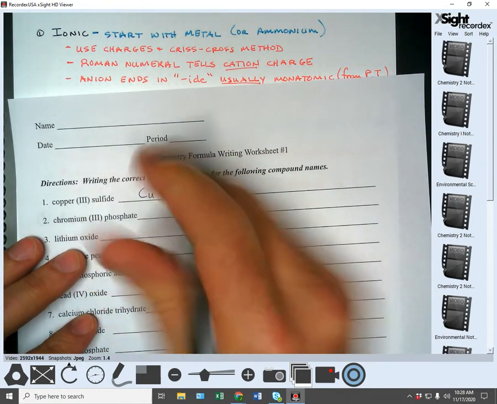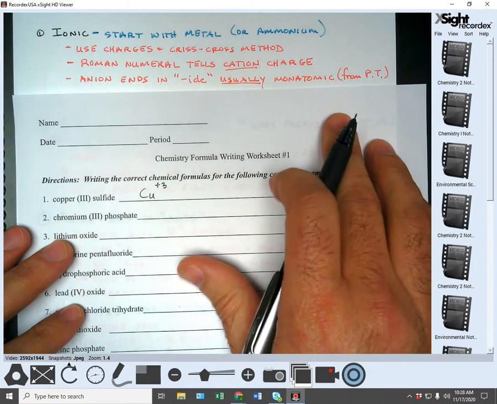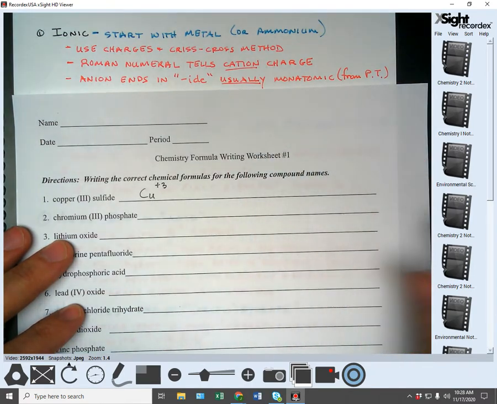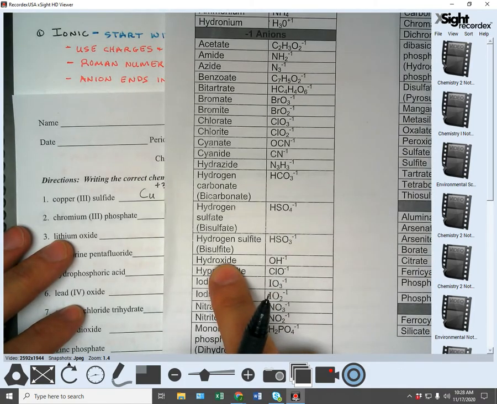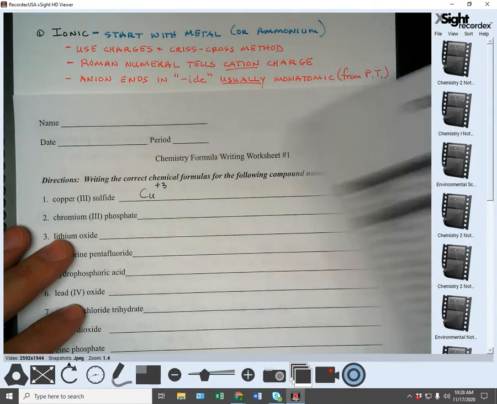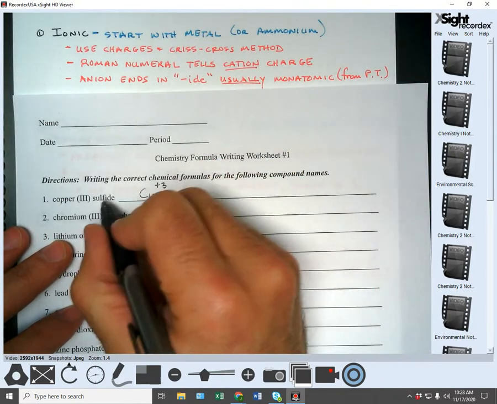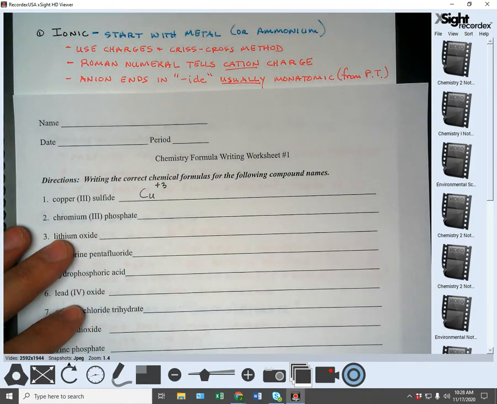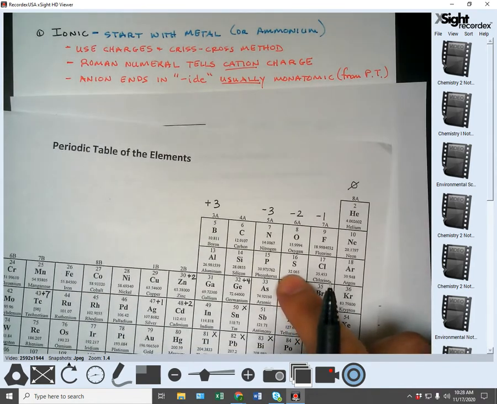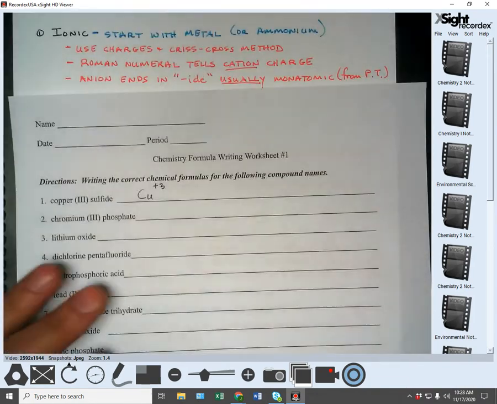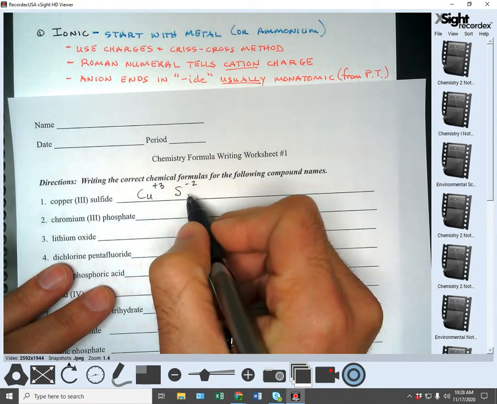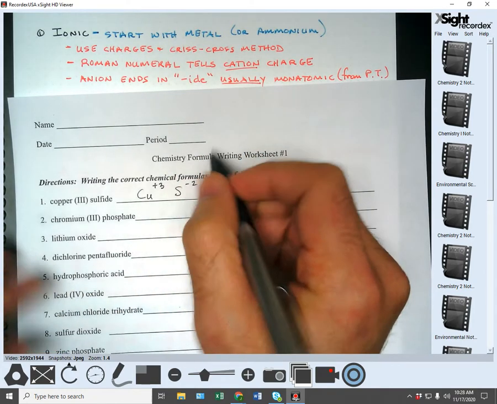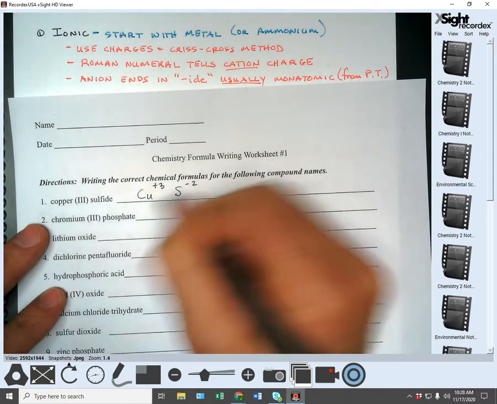Sulfide: if the anion ends in ide, it's usually monatomic from the periodic table. There are some on the polyatomic sheet that end in ide, most notably hydroxide, but most things that end in ide are from the periodic table. So sulfide is sulfur. Look it up. Sulfur is a -2. You look to see if you can reduce. If you can, you reduce.